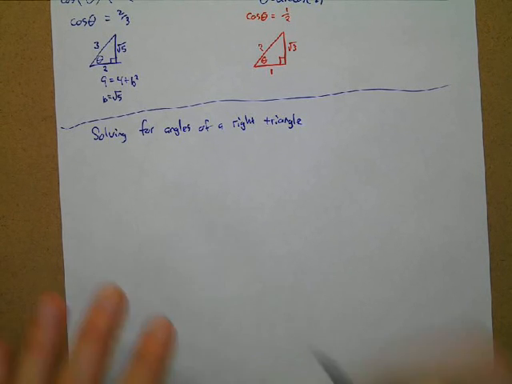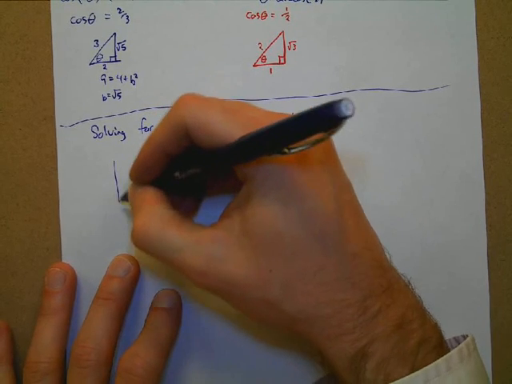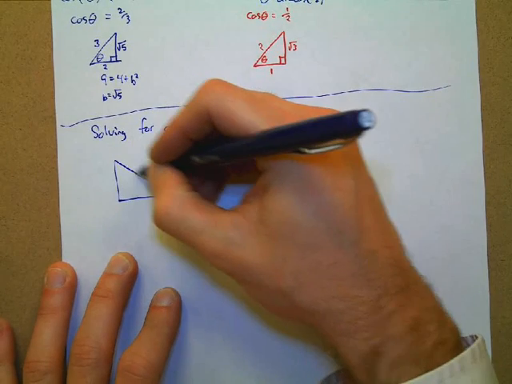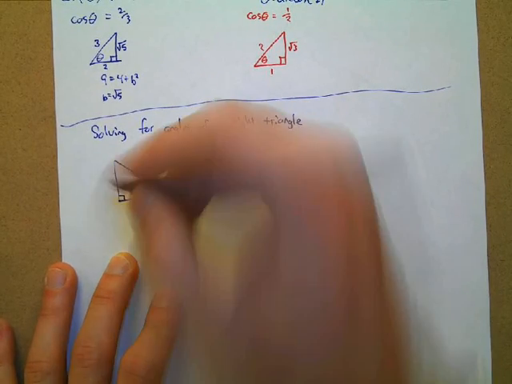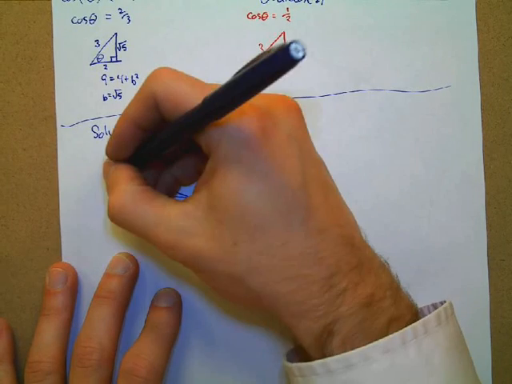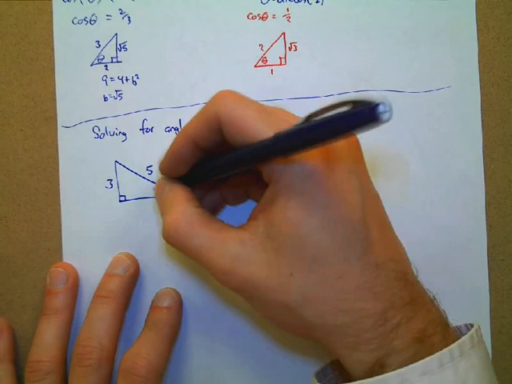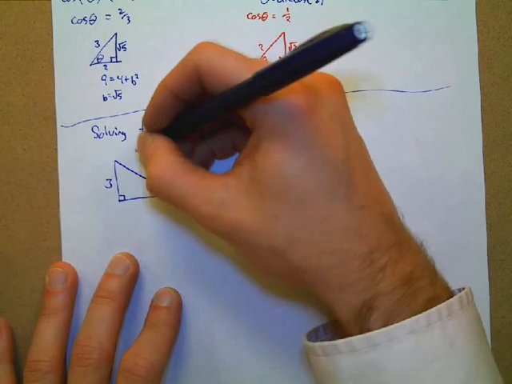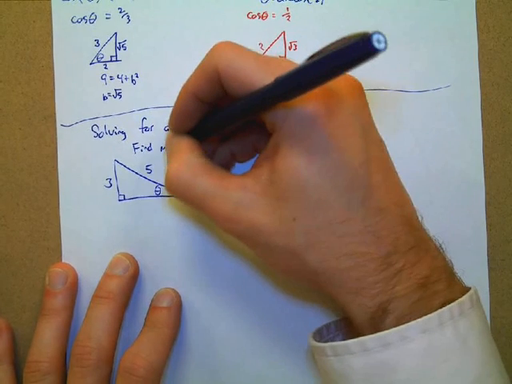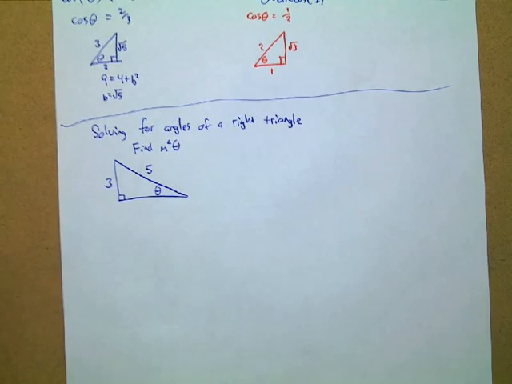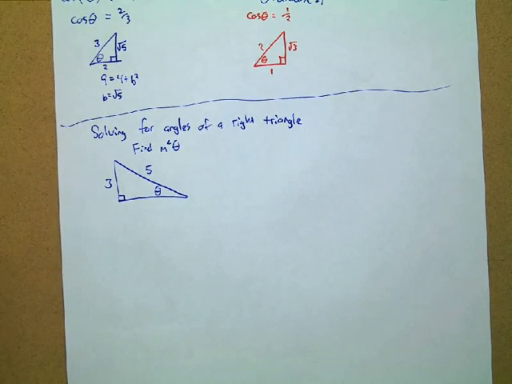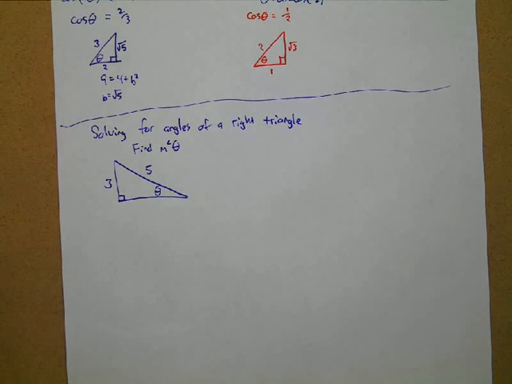And this is all the information that I have. If I had this other angle, I could do 180 minus 90 minus this angle and get that theta. But all I have is that one angle theta and the 90-degree angle, so I can't do that. But I do have the opposite side to angle theta, and I have the hypotenuse of the right triangle. So what trig ratio could we use to relate those three pieces of information?